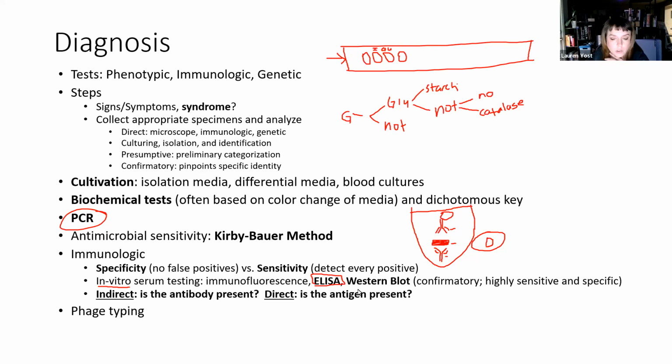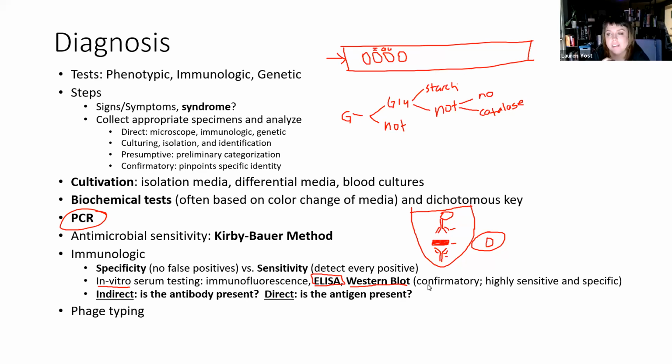But all right, Western blot. If you get a positive ELISA, ELISAs are sensitive, but they're not necessarily specific. So they might have false positives. That antibody interaction can be a little bit sketchy, especially if you're not rinsing the wells well.